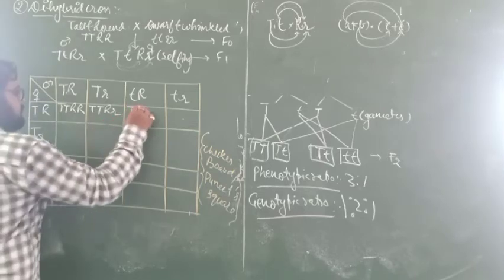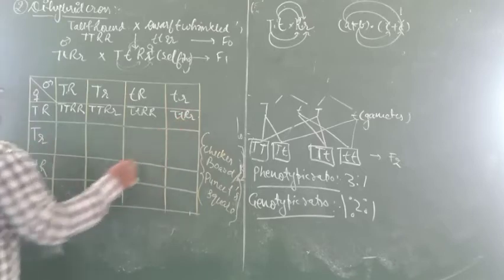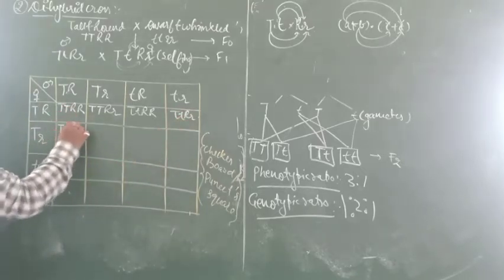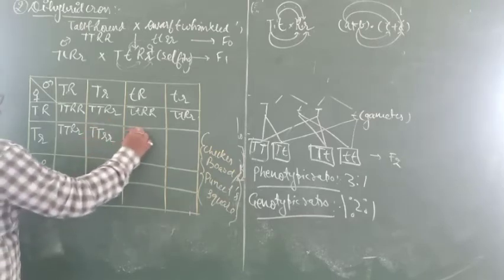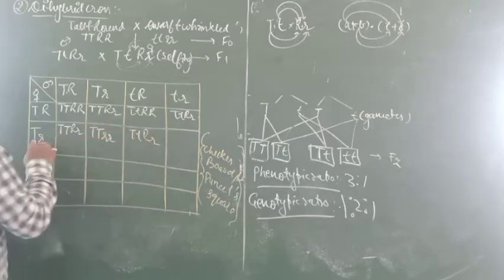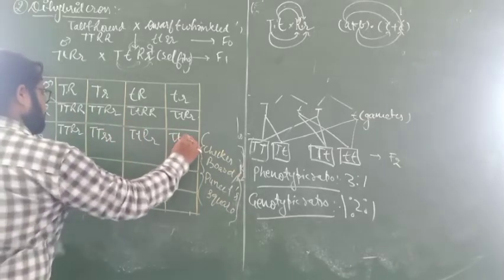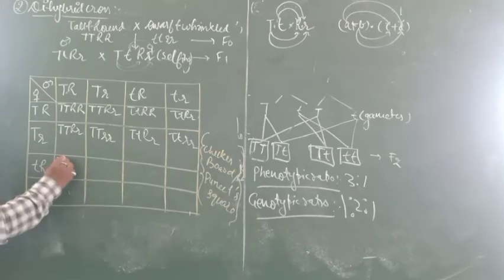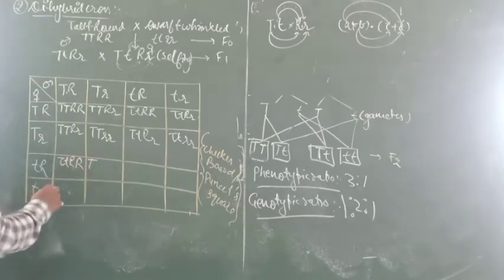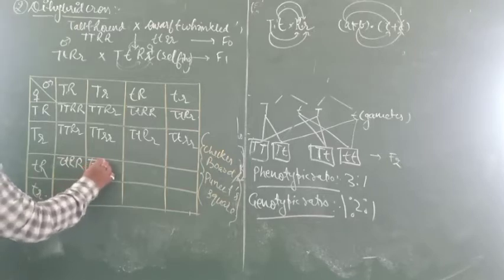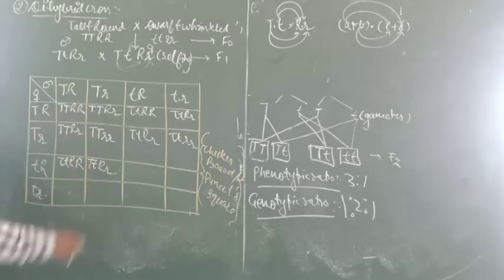Here capital T small t capital R, capital T small t capital R small r. Here capital T capital R small r, capital T small r. Okay, simple, just attach and write.